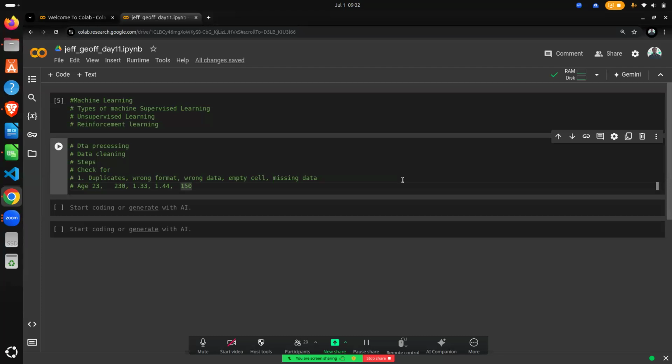Your expectation is that the data should be like 1.5. It cannot be 150. Have you understood what I've said? Yes, please. Okay. So that should be a typo error.